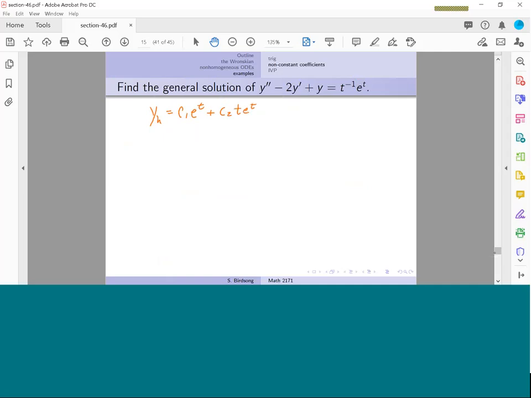Now just copy down that particular solution we just had, which is negative t e to the t plus t e to the t natural log of t. So our general solution for this differential equation is going to be who?